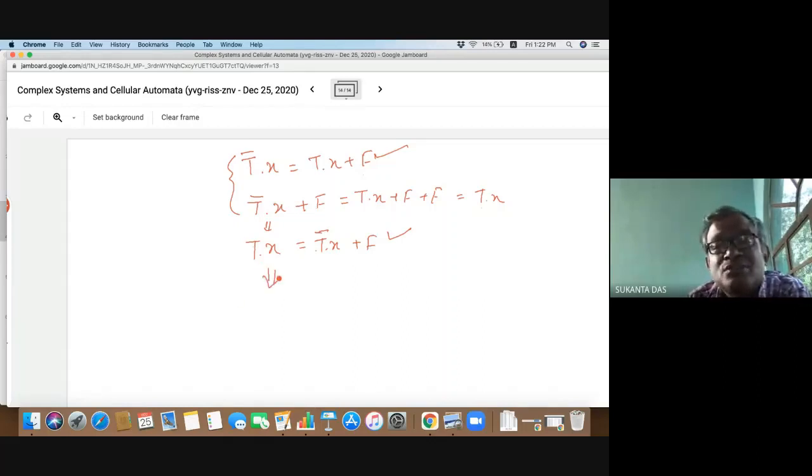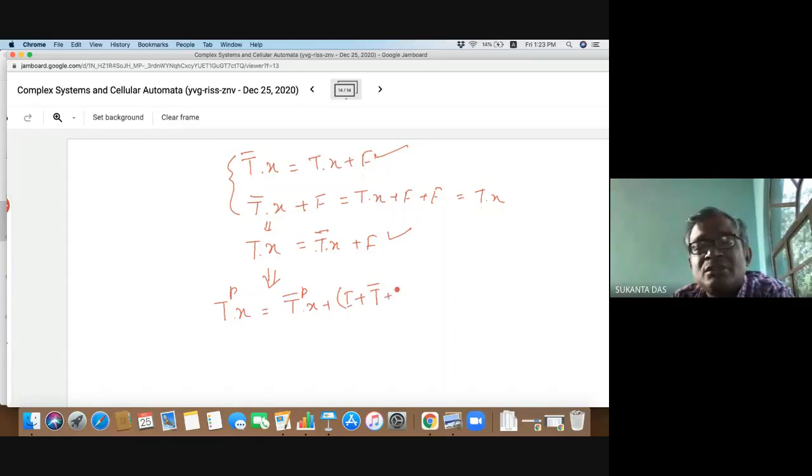So from this, what I get, say T to the power P x is nothing but T bar to the power P x plus the same thing, I can expand this one, plus P minus 1 f.